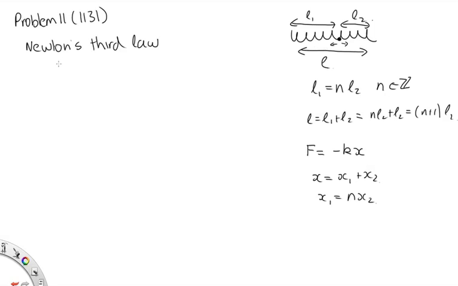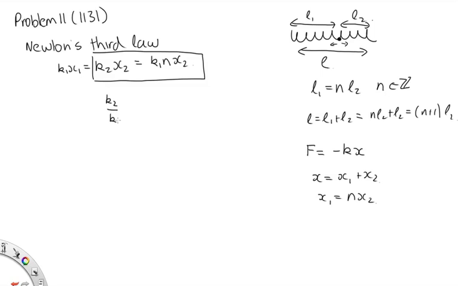So mathematically we can write K1x1 is equal to K2x2. And we know that x1 is equal to nx2, so we can write this as K1 nx2. And then solving this, cancelling off the x2's, K2 over K1 is equal to n.